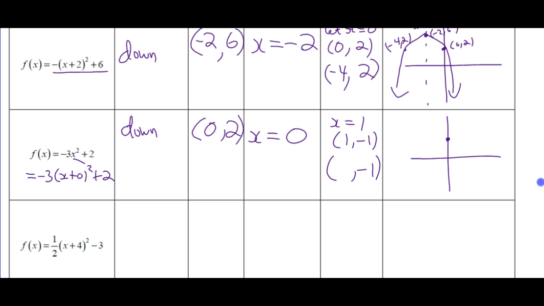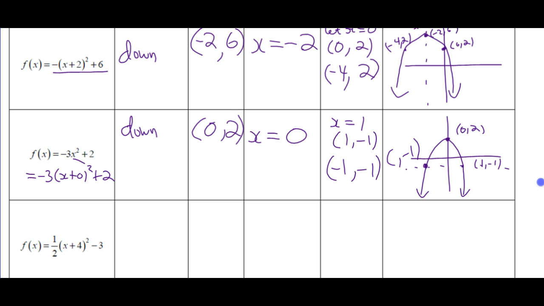It goes through 0, 2. It opens down. It goes through 1, negative 1. And then it goes here. So what's another point on this horizontal line? Negative 1, right? Yeah.